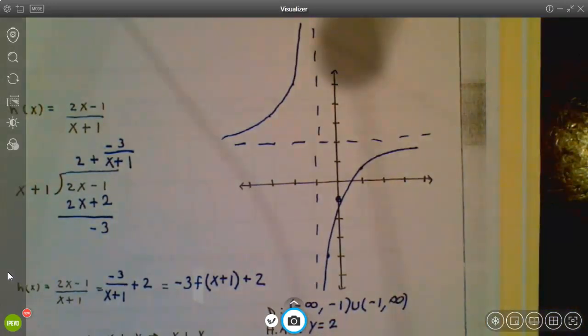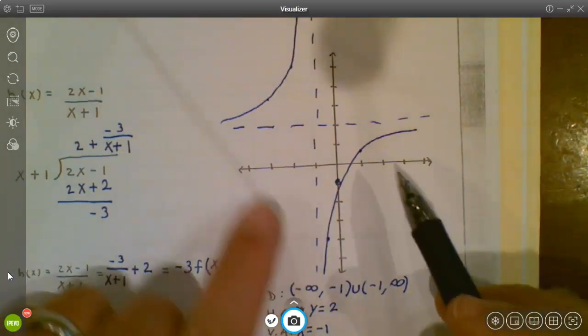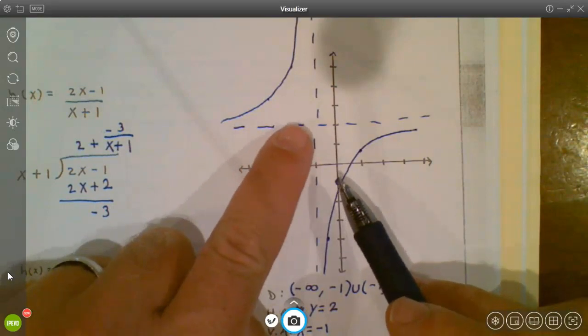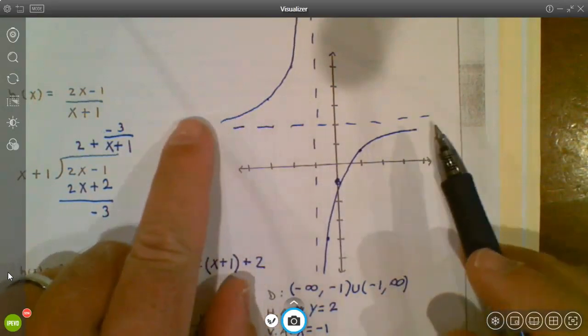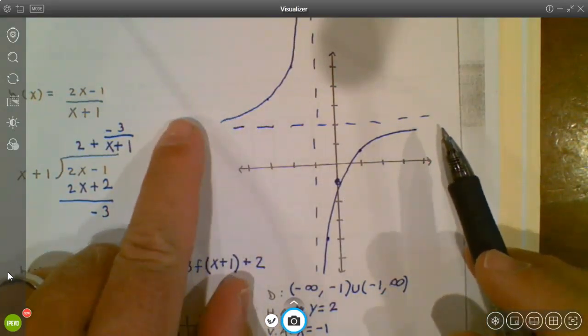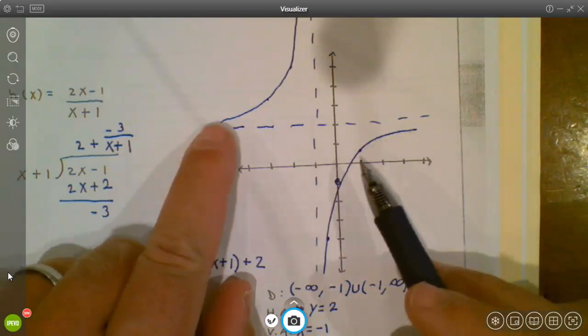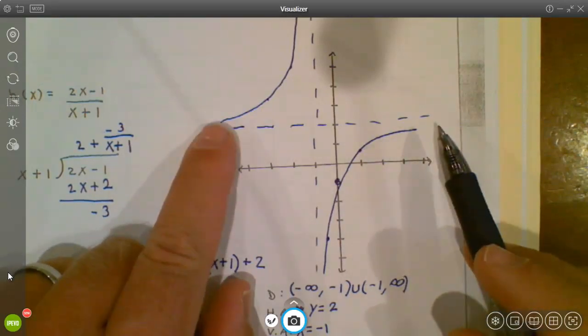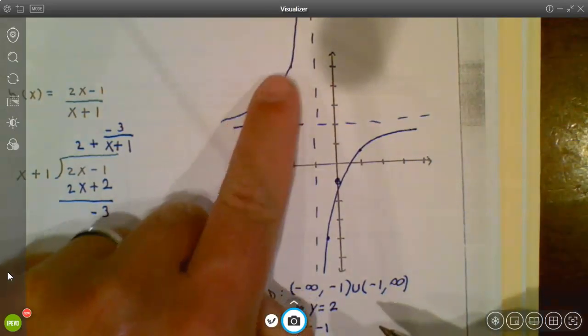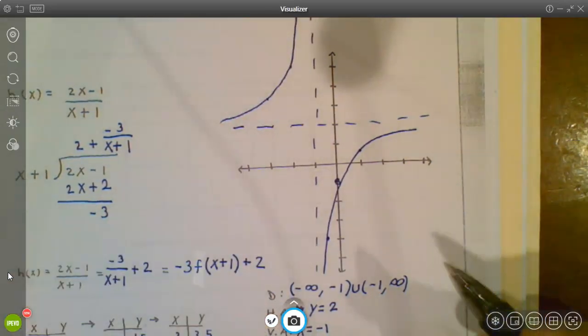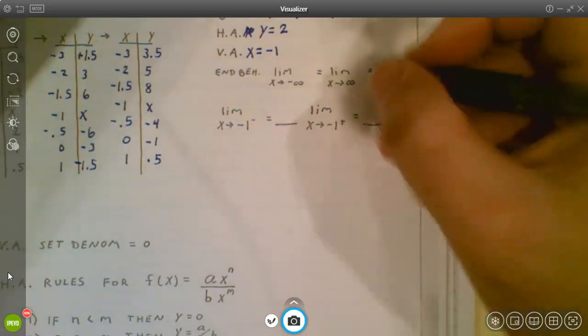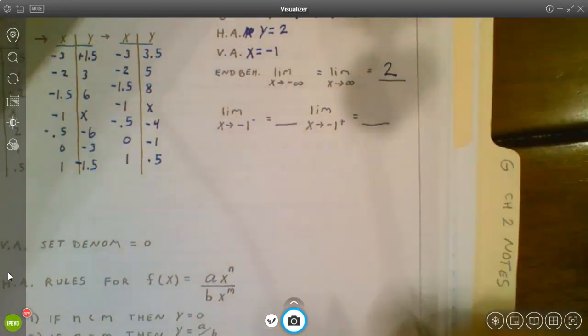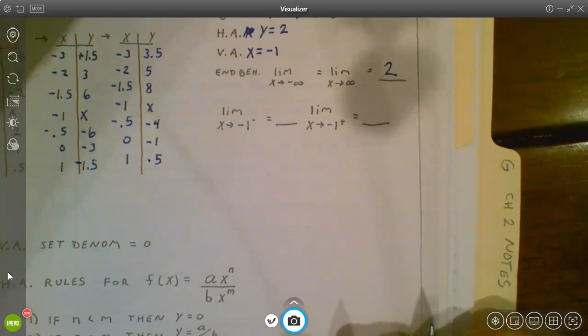So there's our domain. As far as the end behavior goes, keep in mind what we're looking at here. As far as these guys go, we are approaching 2, right? So as I go to the right, I'm approaching the dotted line of 2, and as I go to the left, I'm approaching the dotted line of 2. So these are both approaching 2, my horizontal asymptote.